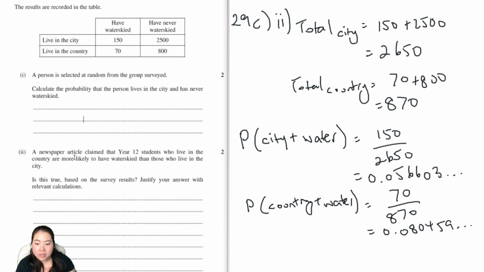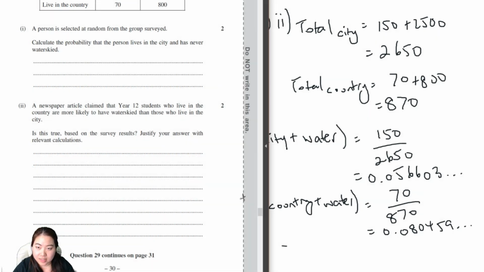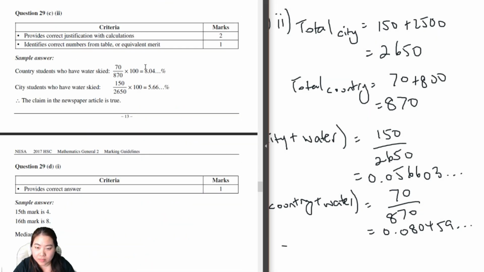Therefore, the statement is true because of these relevant calculations. Let's check the answers. Okay, 8% of people water skied in the country versus 5% of people in the city. Therefore, the claim in the newspaper is true.